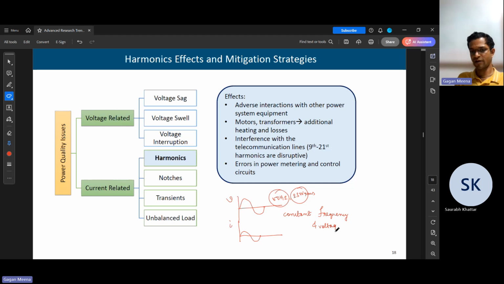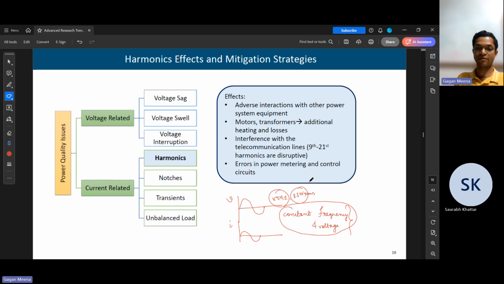Once they deviate from these normal sinusoids, any kind of deviation will fall under the power quality issues. That means any deviation from these ideal sinusoids will result in deterioration of the power quality.